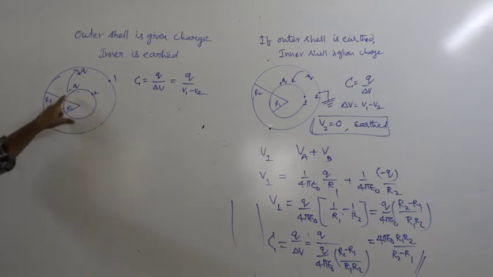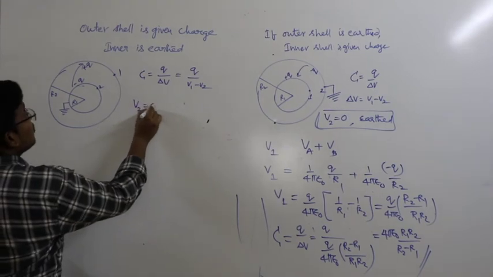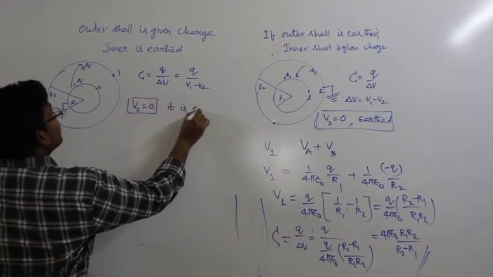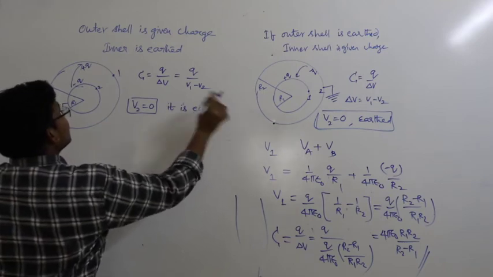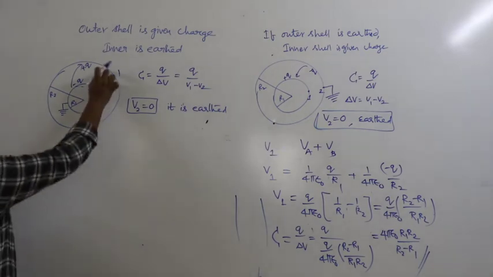And see, this second surface is already earthed, so I can say V2 is 0 because it is earthed. So we need to find only V1, then it is enough. Now when the inner surface is earthed, what will be the potential at point 1? So we need to find V1.